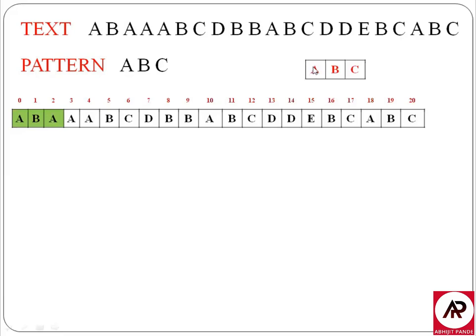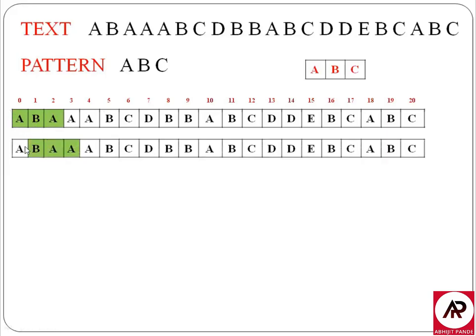In this example, A is equal to A, so it checks the next character, that is B. The second character is also the same, so it checks the third character. Here the third character of the pattern is C, but the third character of our input string is A. So the character is different, and we shift the window by one character.